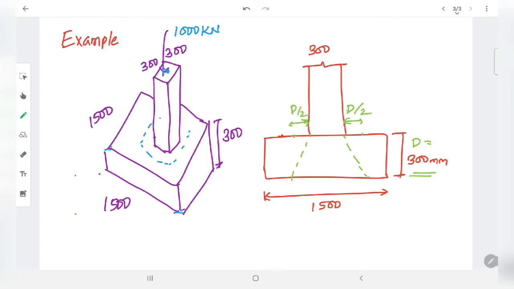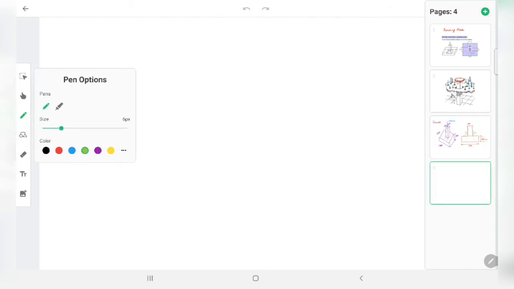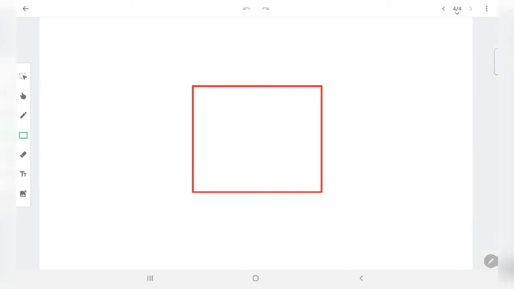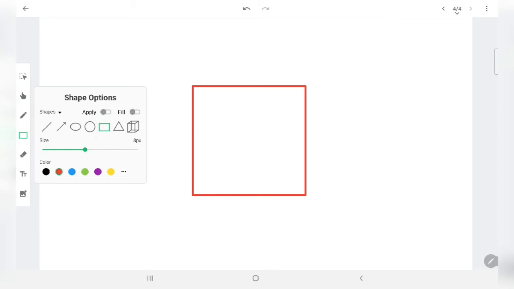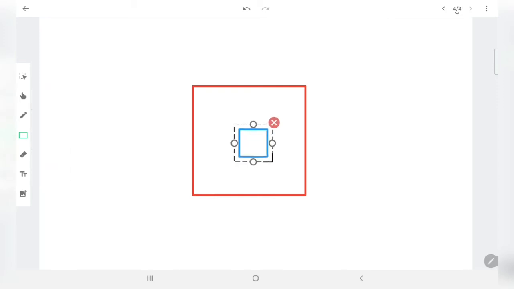Now I'll draw the plan of this. Suppose this is the footing size and this is the size of the column.